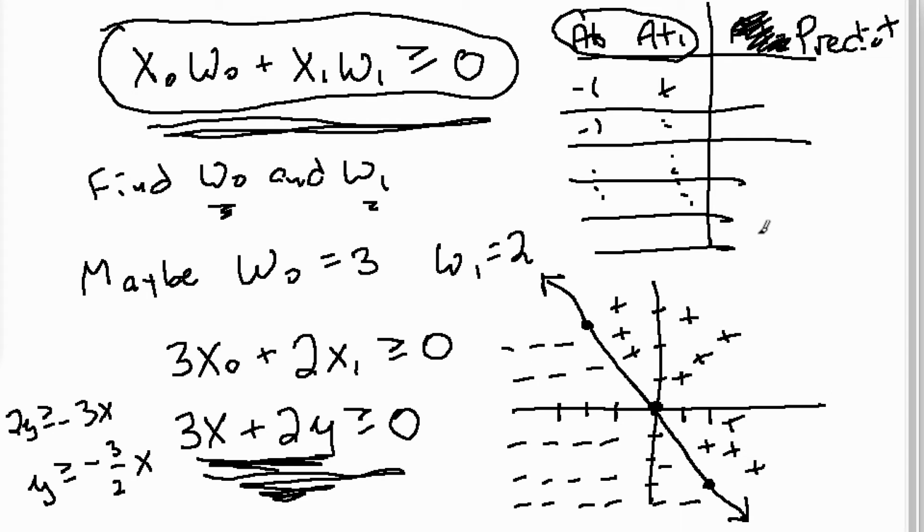And this has a very famous name. This is what's called linearly separable. And this is a very big theoretical result when it comes to the perceptron. The perceptron can only learn examples that are linearly separable.